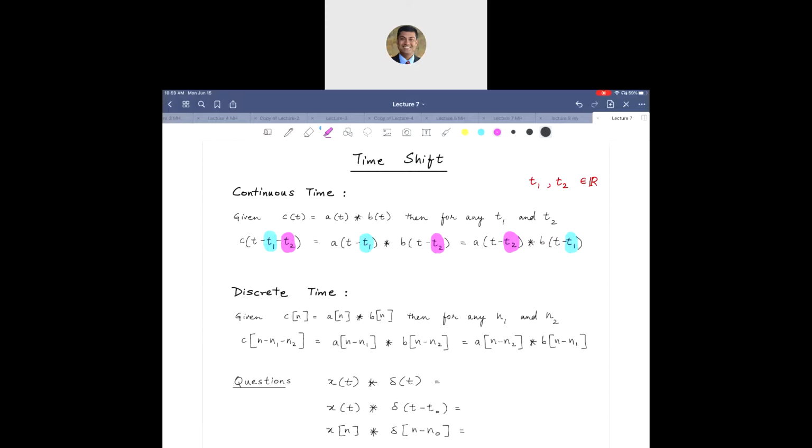And to combine both these into one, it is equivalent to the output getting shifted by the sum of those two time shifts, which is indicated as either this, or you can also write it as C of t minus (t1 plus t2).